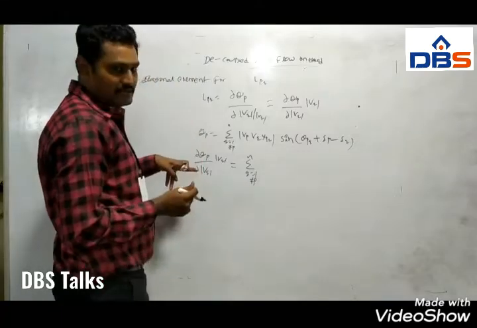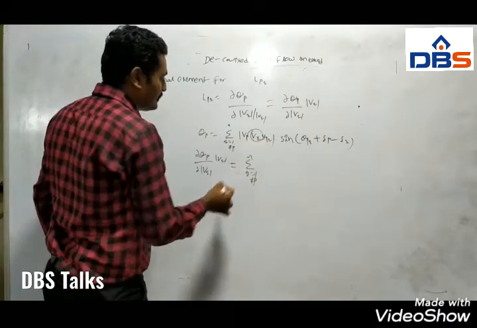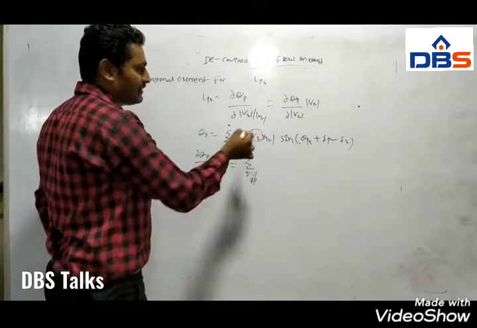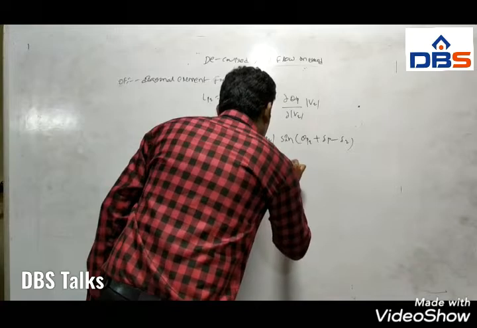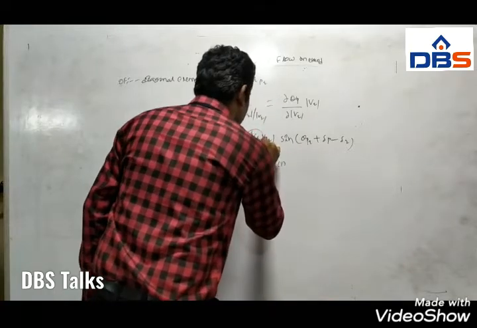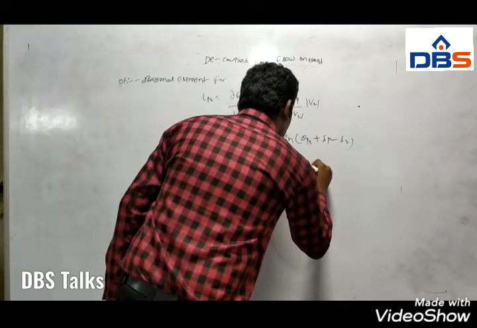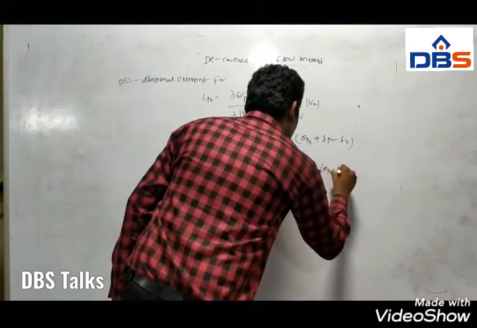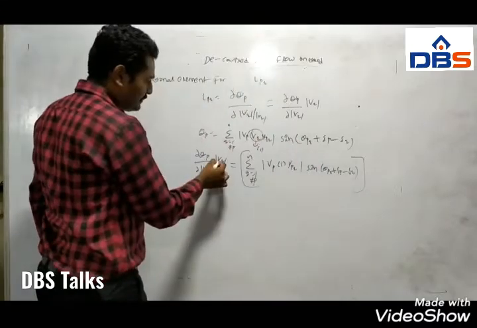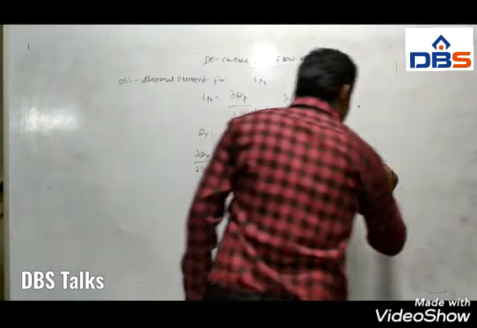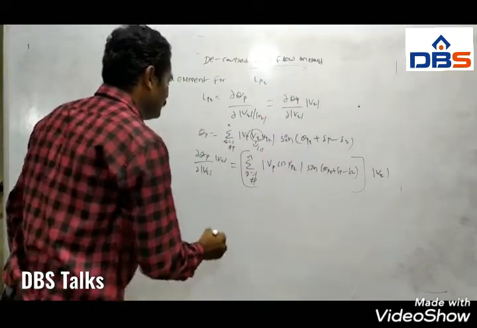So we are differentiating reactive power with respect to Vq. In this one we have the Vq term, so differentiation of Vq with respect to Vq gives 1. So that is |Vp| into 1, so the Vq term is 1, into Ypq sine of theta pq plus delta p minus delta q. Here we have |Vq| in multiplication, so keep that here.